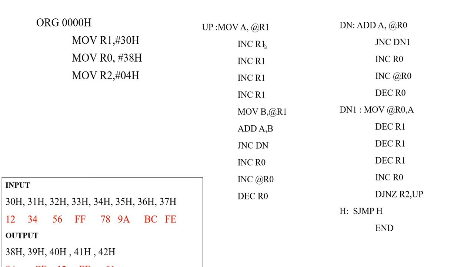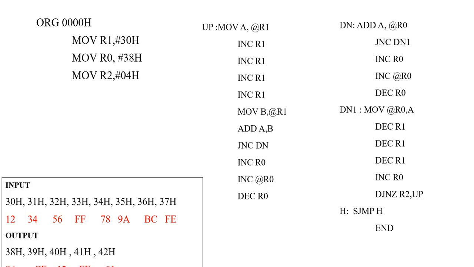In 16-bit addition we used only 2 increment instructions, but here we are using 4 increment instructions. Once these instructions are executed, it will go to the address of R1. Next is MOV B, @R1.